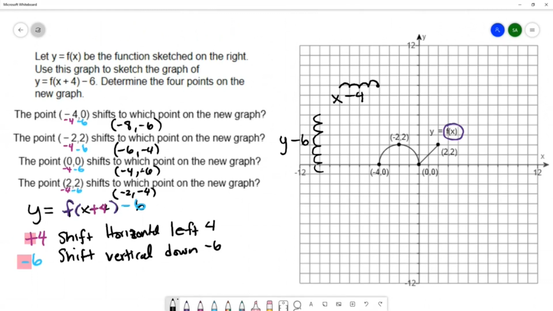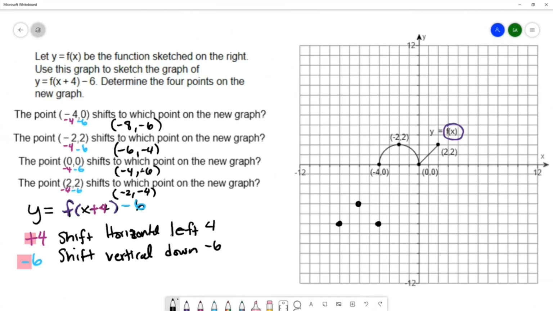Okay, so I'm going to erase these markings that I was doing for an example, and let's write our new points. So (-8, -6) would be here. (-6, -4) would be here. (-4, -6) would be here.